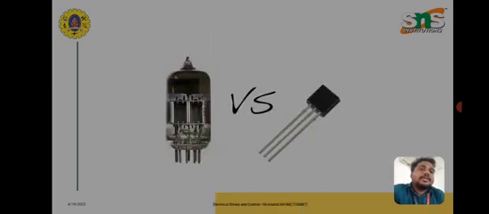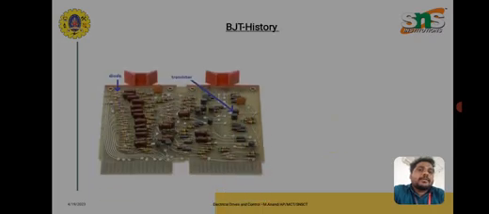This is a real-time comparison of vacuum tubes and the current BJT, that is bipolar junction transistor chip. We have n number of disadvantages in old vacuum tubes and n number of advantages in today's BJTs.